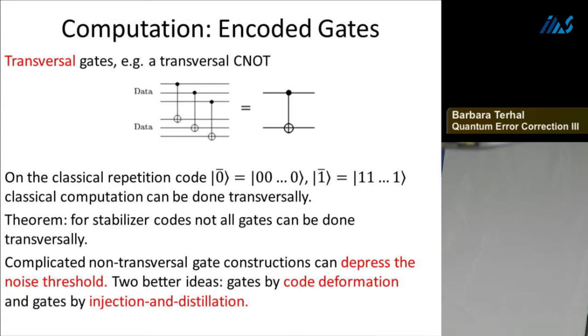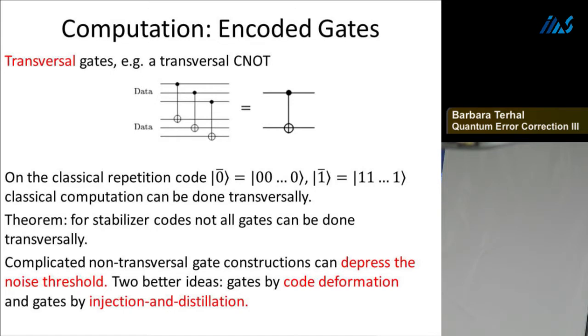And you do that until you get back to the code S. So maybe the number of steps can be just 2. You get to a code S prime, and then you get back to the code S, or it can be a whole sequence of transformations. And you could see that if the code were realized as the ground space of some Hamiltonian, then you could see this code deformation as a deformation of the Hamiltonian and its ground space. So you start off in some ground space, in some code space related to the first stabilizer.